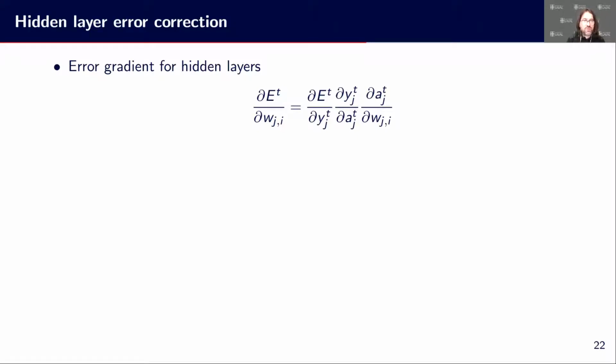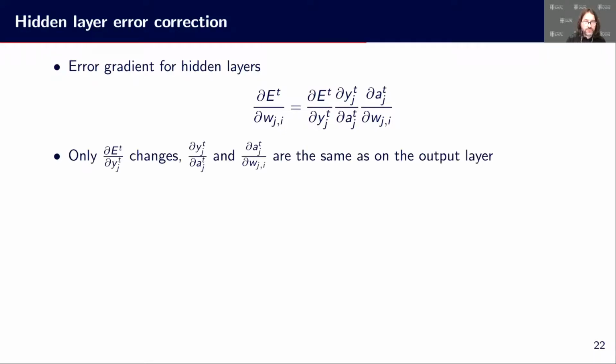We have three partial derivatives that we are developing for the hidden layers. Only this part is changing. This one is different from what we had before because it is specific to hidden layers. These partial derivatives and that partial derivative are the same as before, so we will not redevelop them.